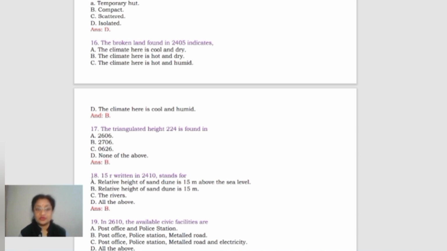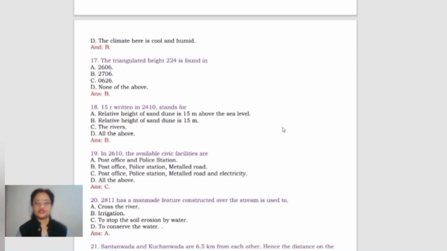The first option is relative height of sand dune is 15 meter, but after that it has been added above the sea level, and relative height is never taken from the sea level, so it's going to be wrong. Clear? But B is the correct option. Relative height of sand dune is 15 meter. Only this much is sufficient. So B is the correct answer. Not even C and all the above. Nothing. B is the correct option.